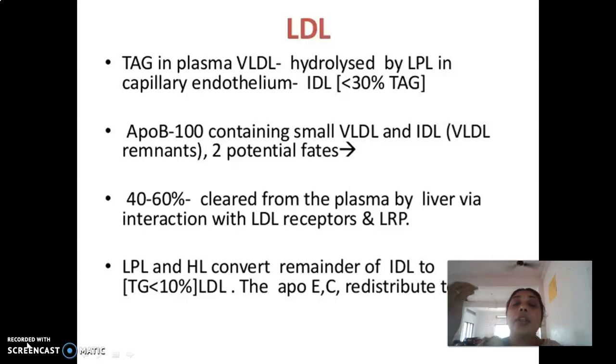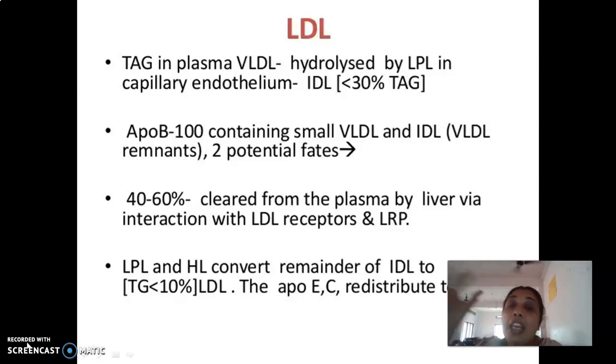Again, when IDL is converted into LDL, further TG will be released. So 90% of the TG which was present in the VLDL is now out of the lipoprotein, and the major concentration is now occupied by the cholesterol esters, right? So LDL is rich in cholesterol.